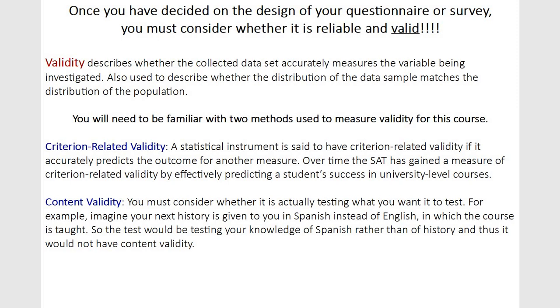So now it's really, how well do you know Spanish? Because we've been talking about history, you may not know Spanish or know very little. That's how you measure content validity: are you measuring what you really want to measure?